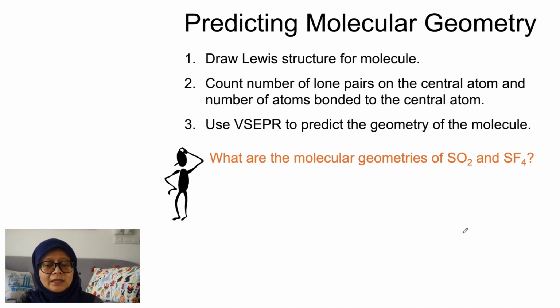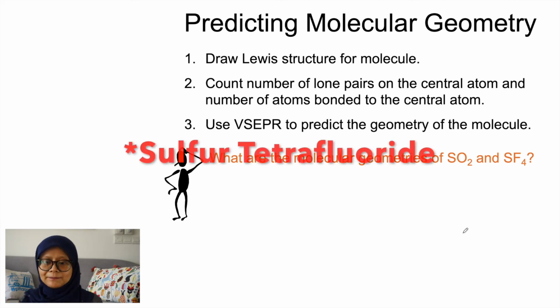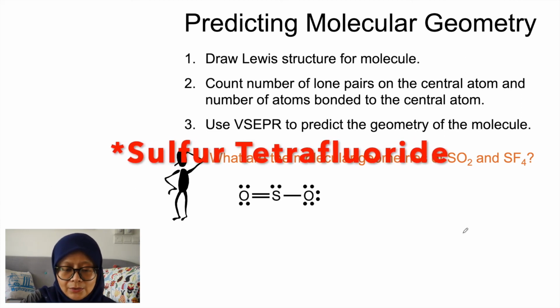So the question here: what are the molecular geometries of SO2 and SF4, sulfur dioxide and sulfur tetrafluoride?